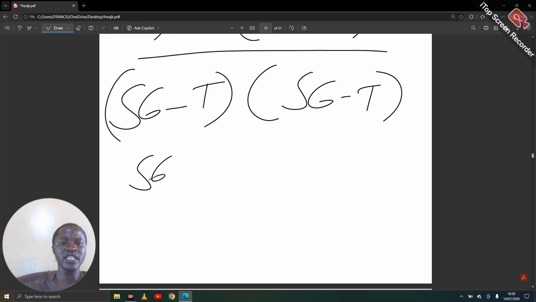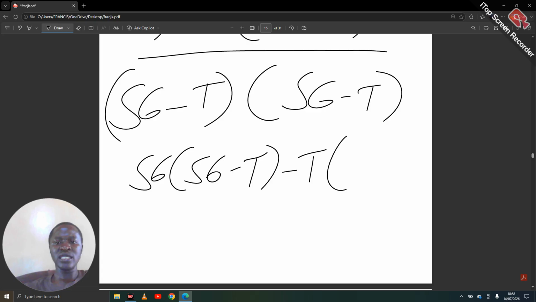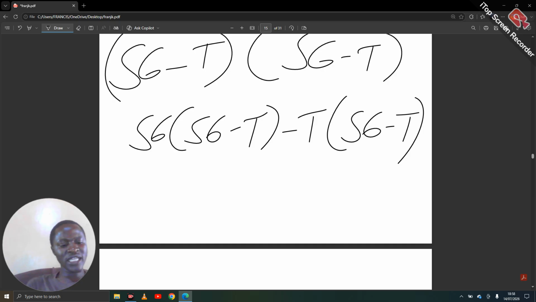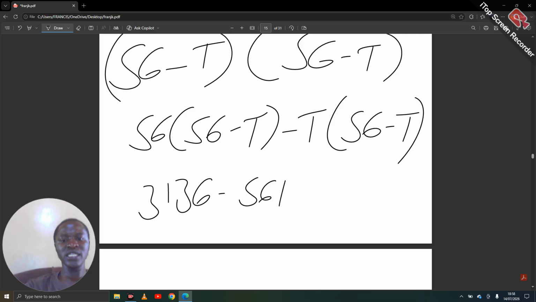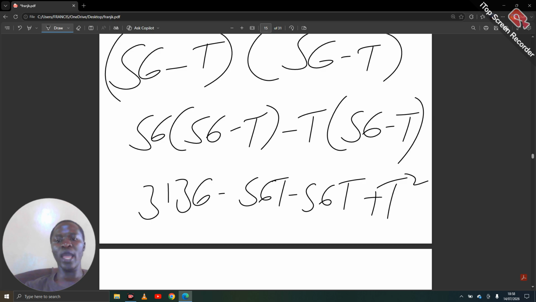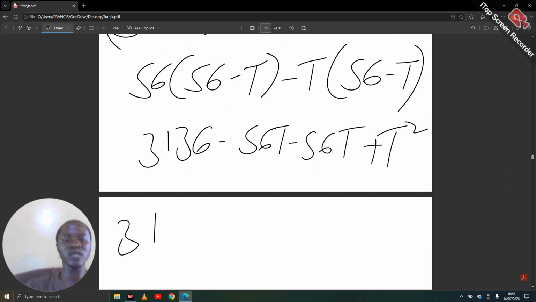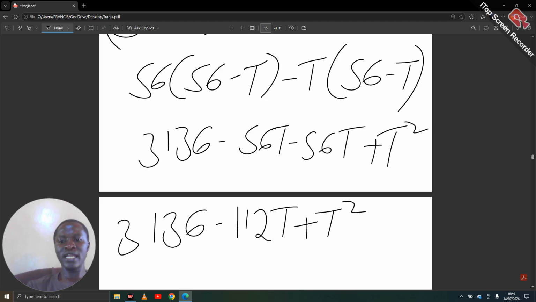So we shall have 56 into 56 minus t, into 56 minus t. So we shall have what? 56 times 56 is 3136, minus 56t, minus 56t, plus t squared. So we have 3136 minus 56 times 2, that is 112t, plus t squared.